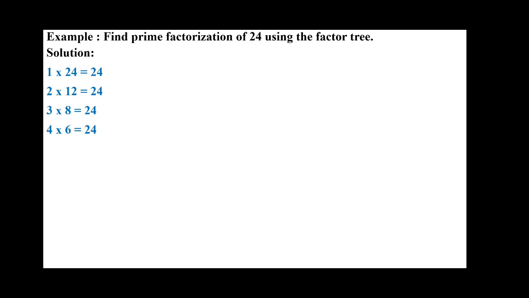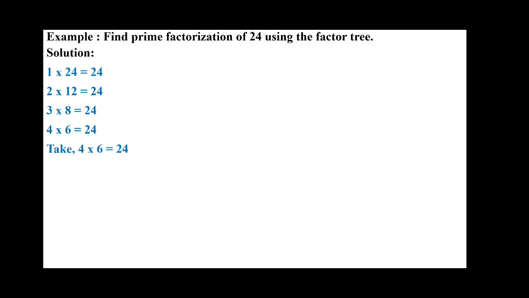From these 4 possibilities, you can choose any one possibility to find the prime factors. Let us take 4 6s are 24.